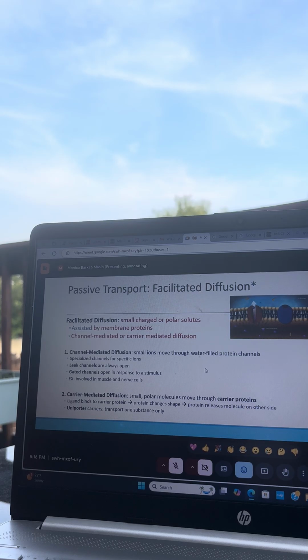Glucose and amino acids are two very important molecules which require a transport protein. So that is facilitated diffusion. Does it require ATP? No, because it's a passive process.